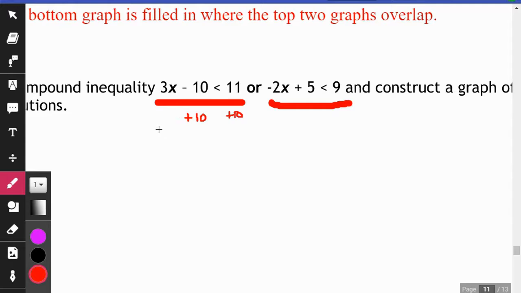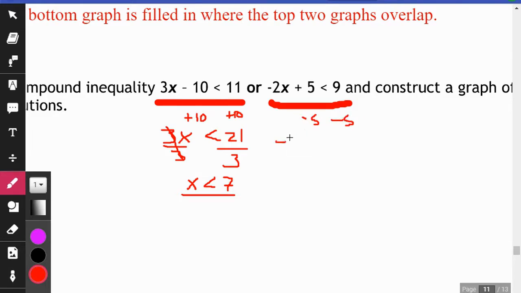And I'm going to end up with 3x less than 21. Then I'm going to divide by 3. This is going to cancel out. I'm going to get x less than 7. Hey, that I can work with. Now I got to do the other side separately. I need to get rid of the 5, minus 5, minus 5.